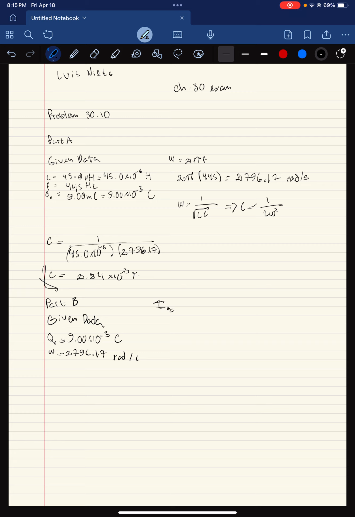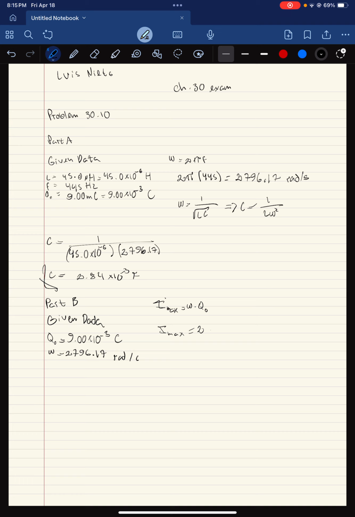Now we look for the I max, and that's multiplying the angular frequency with the charge, right? So the initial one. This is the formula we're going to use.